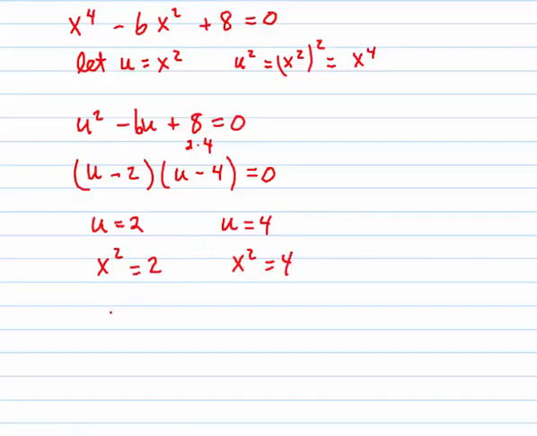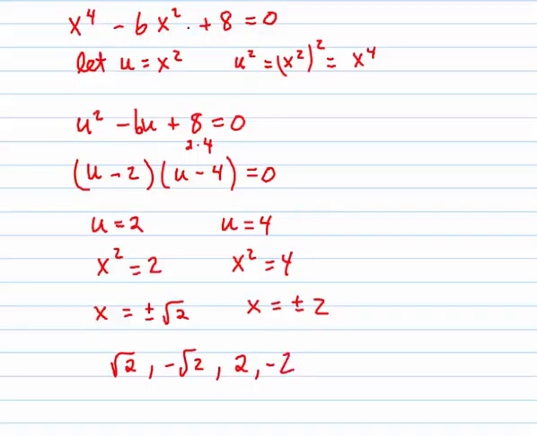We take the square root principle, so x is equal to plus or minus square root of 2, and x is equal to plus or minus 2. This is to the fourth degree, so we have 4 solutions: square root of 2, minus square root of 2, and 2 and minus 2.